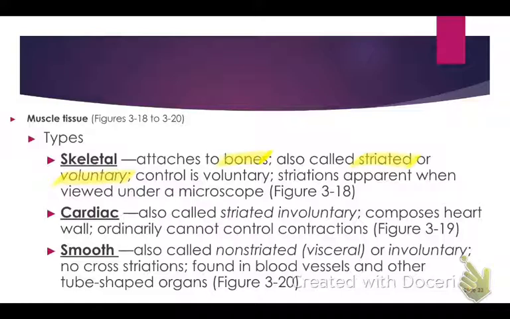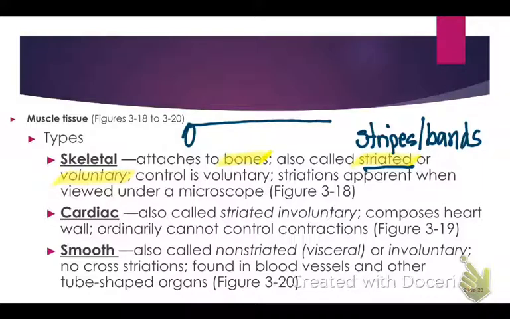It also has a specific characteristic: it's striated, which means that it has stripes or bands, B-A-N-D-S. If I draw a simple cell here, skeletal muscle is tubular in shape. Its muscle cells are also called fibers.